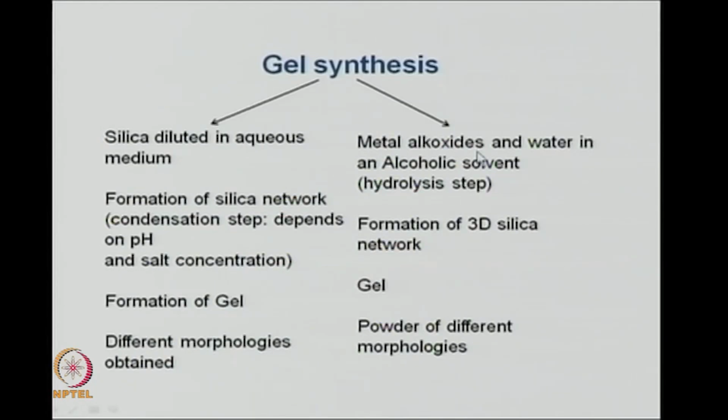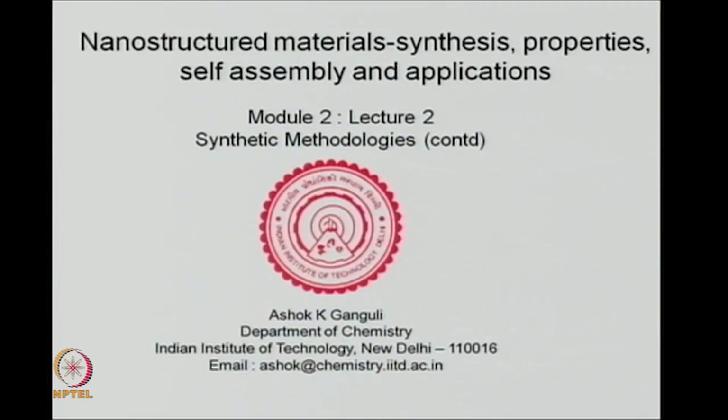You can use metal alkoxides in water, and you have to use an alcoholic solvent to make the miscibility range. So, that will be the hydrolysis step. You can form 3D silica networks and then form the gel, and again get powder of different morphologies. So, these are various processes by which you can get the gel.